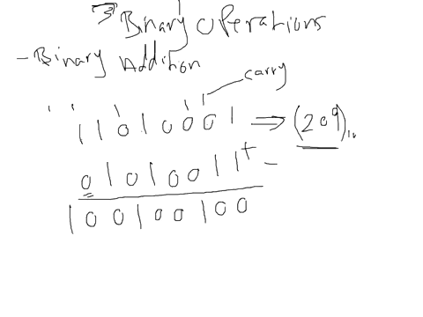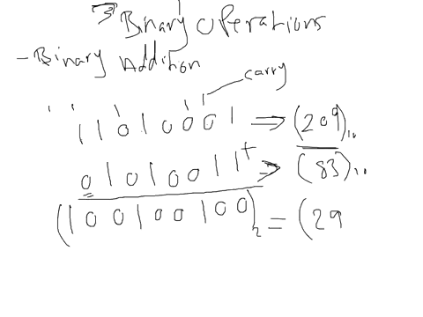Now, the second number, if you work it out, equals 83 in decimal. And the number which we got in binary equals 292 in decimal.